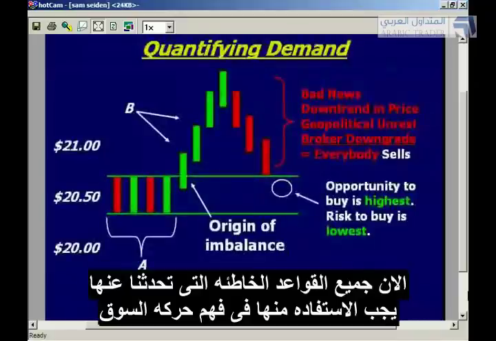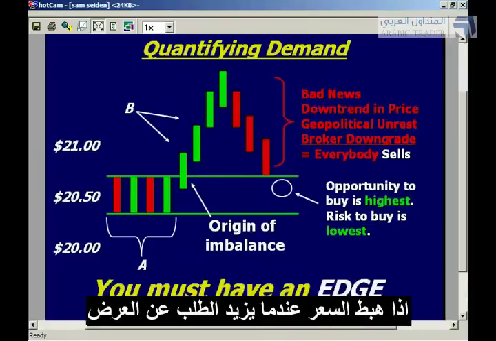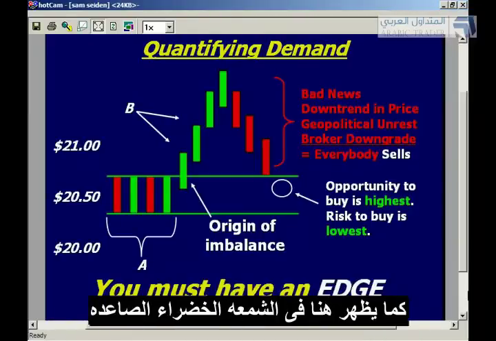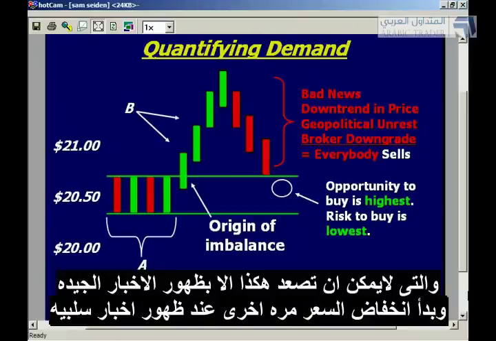Now, while the rules with this are very simple, why is it so difficult? Why do the masses have such a hard time with this? Anytime prices decline into a price level where demand exceeds supply, where you want to be a buyer, where the risk is low and the reward is high, it's never going to happen on pretty green candles. It's never going to happen with good news.